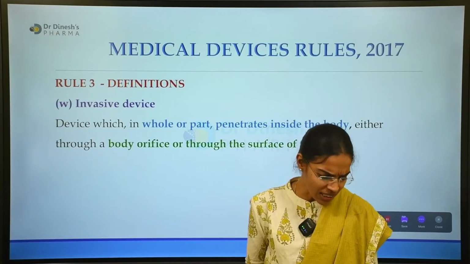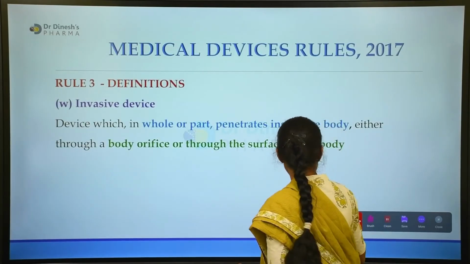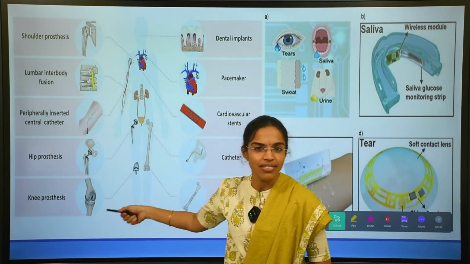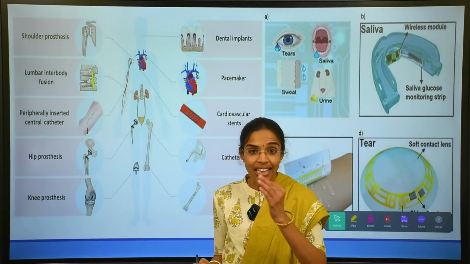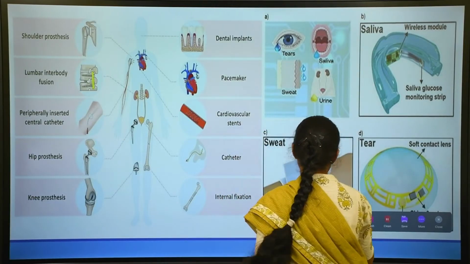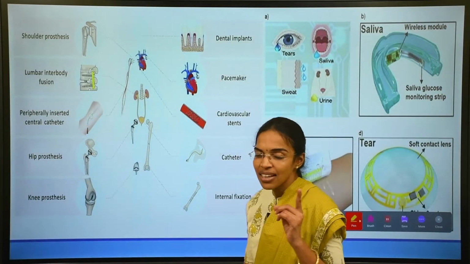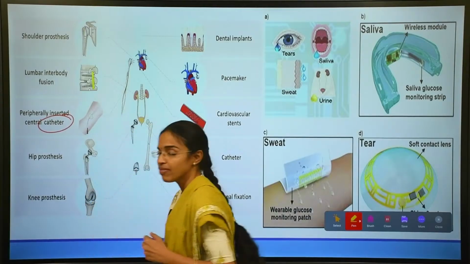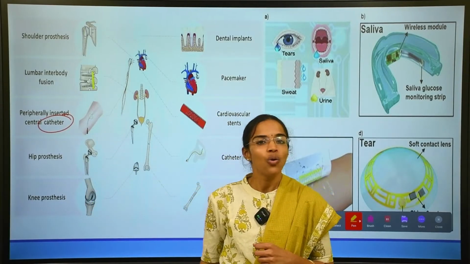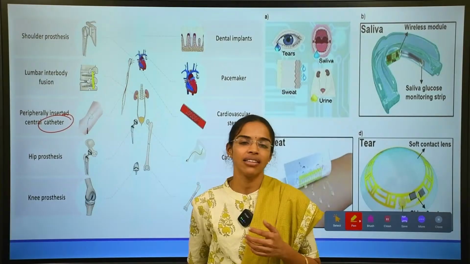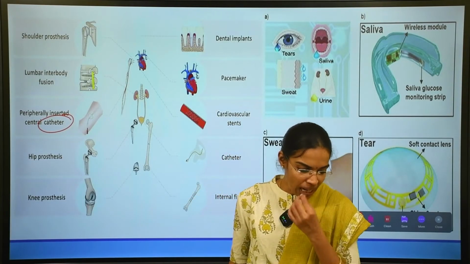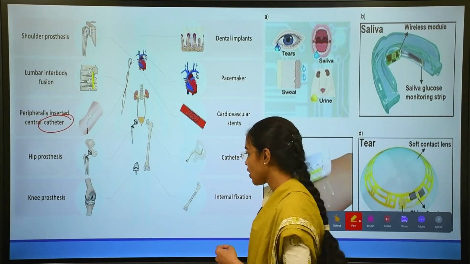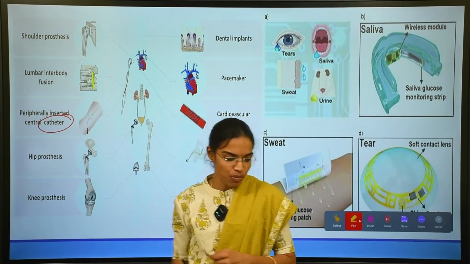So what all are considered as invasive devices? These can all be considered as invasive devices: catheters, the venous catheters like a central venous catheter or a peripheral venous catheter, and also the tracheal tubes, the respiratory devices like the tracheal tubes, and also the replacements.